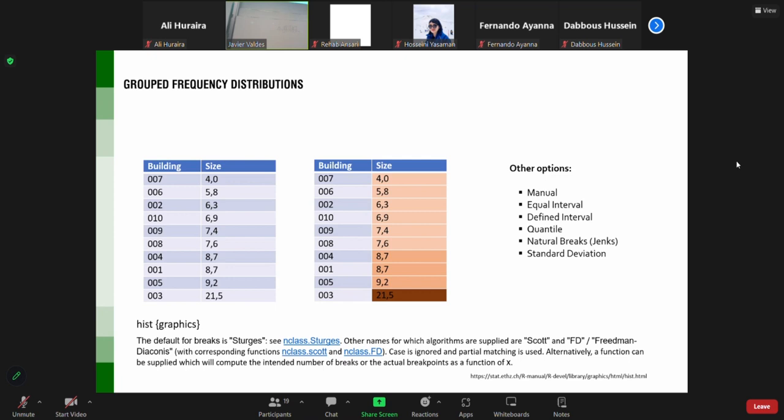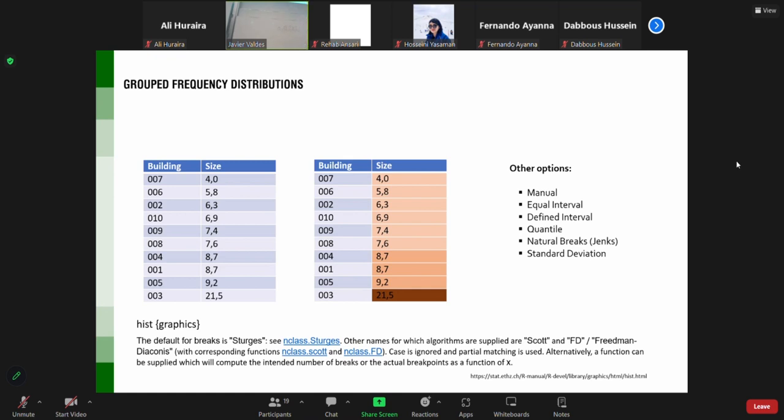Equal interval is another option. You say, okay, let's do 5 meters or whatever. Then you divide the whole range in intervals of 5. Or you can define the intervals yourself, with different sizes. I don't care.